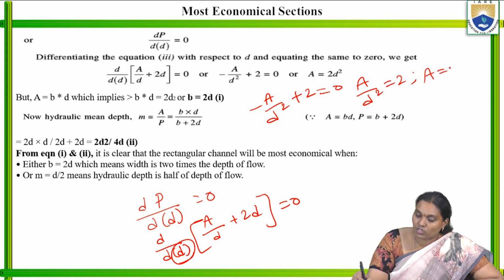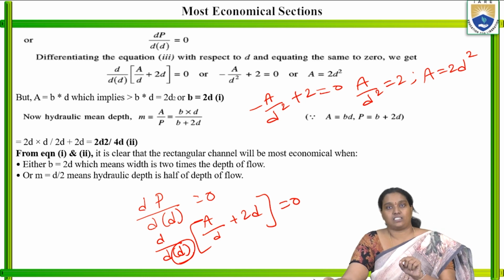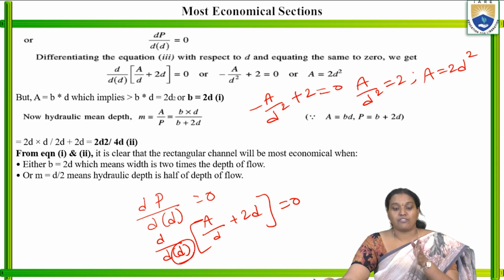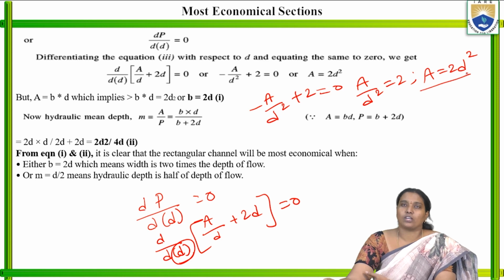That means A is equal to 2D square. So based on the condition that wetted perimeter is minimum, differentiating the perimeter with respect to the depth of the flow equal to 0, it means area is equal to 2 into D square.